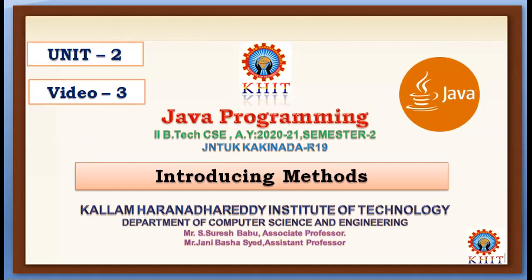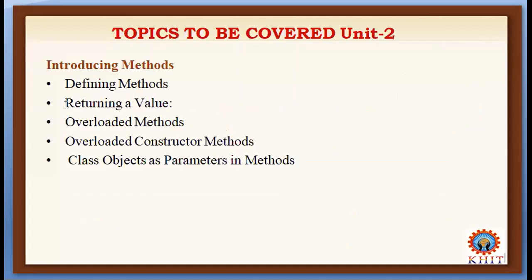So the things we are going to cover today are: how can we define a method; then returning a value. After performing the task, the method should return a value to the main function. Then overloaded methods, that means the same method can be overloaded with different parameters each and every time. Then overloading constructor methods.